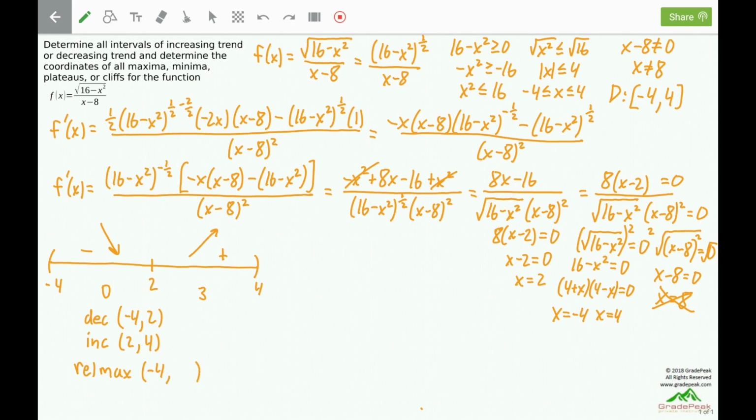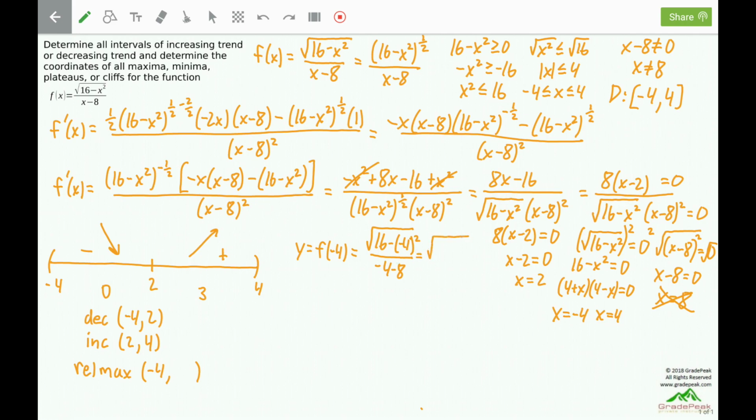It'll have some corresponding y-coordinate. The y-coordinate can be found by plugging the -4 into the original function. So y equals f of -4, which will be the square root of 16 minus a -4 squared over a -4 minus 8.